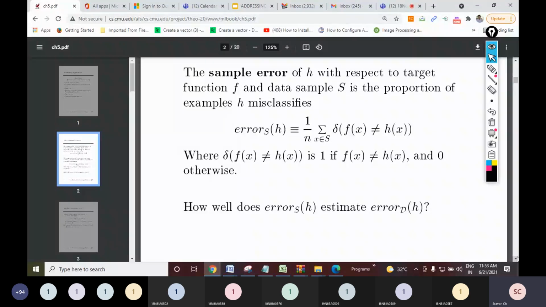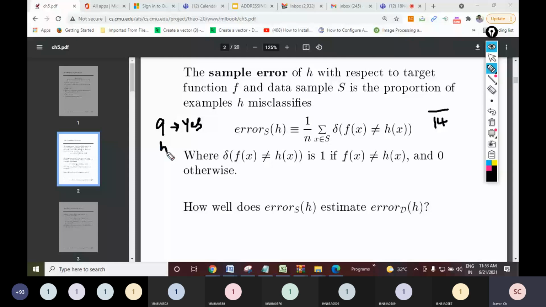Suppose in my data set I had 14 records. If you remember, friends, in those 14 records, 9 were positive examples, meaning in 9 cases that fellow was going to play tennis, and 5 were negative.